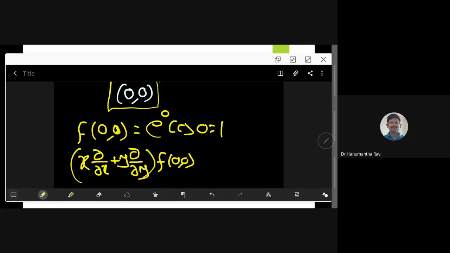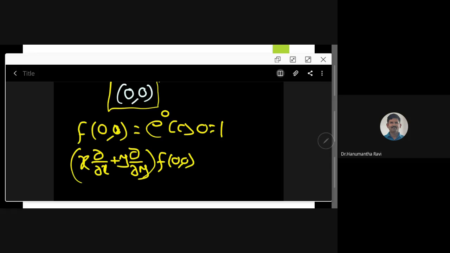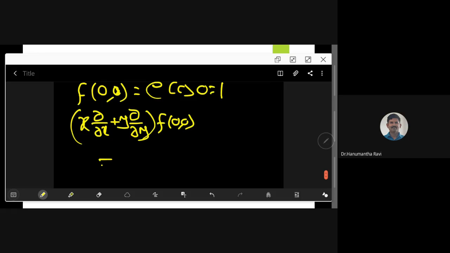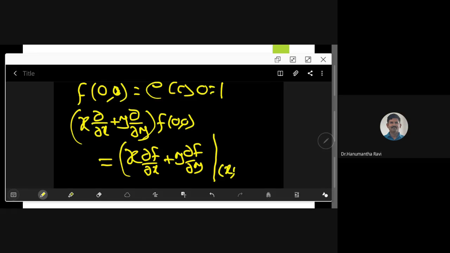In the slide I wrote it in this easy form. The meaning is, you simply calculate x dou f dou x plus y dou f dou y, then you compute that result when xy is equal to 0 0. That is the meaning here.